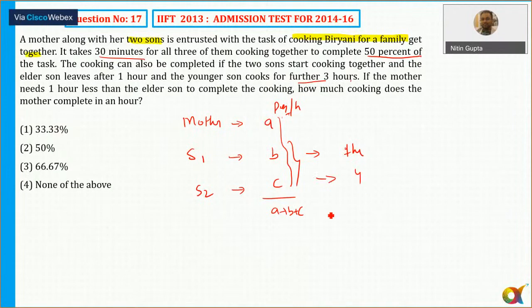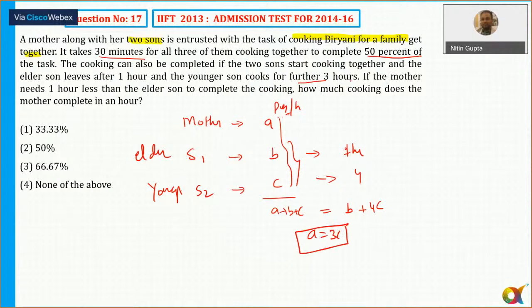तो टोटल हो गया, that is B into 1 and, A is equal to 3C.